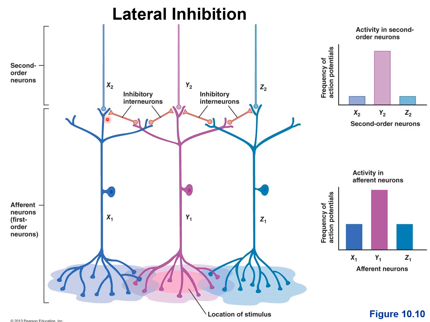And so they're going to decrease the amount of action potentials that they can transmit up these second order neurons. So if you look at the graphs here, we're going to send signals up this neuron in the middle, but the neurons on the side here, notice that we're going to decrease the signals by the time we get up here. And so we're going to inhibit these neurons on the side. Okay, so that's lateral inhibition.